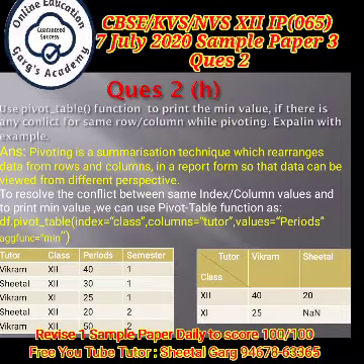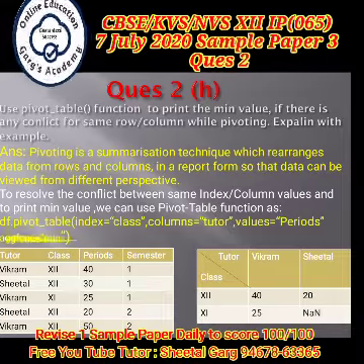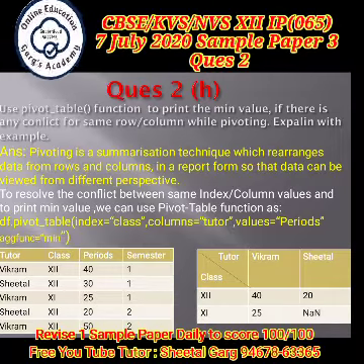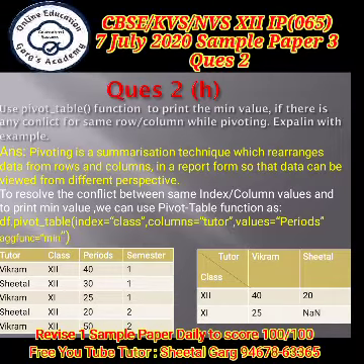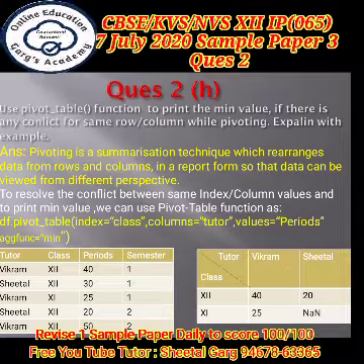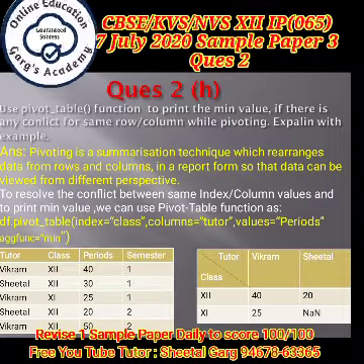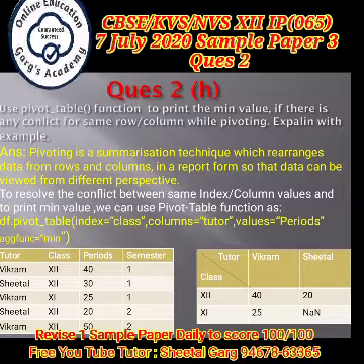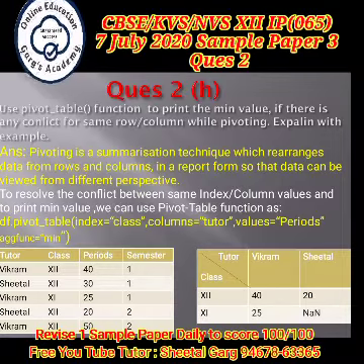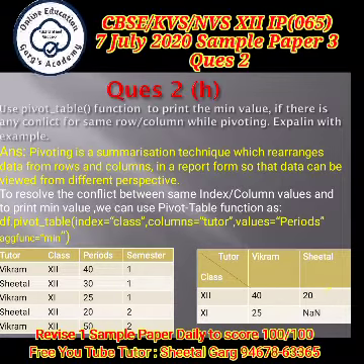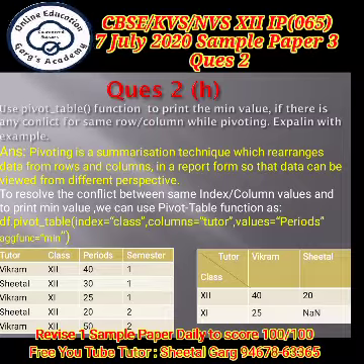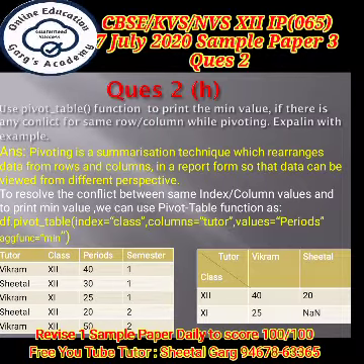So how will you print it? You will have to give an additional argument, aggfunc equal to min. So in this case it will print 40. Similarly for Sheetal, if she is taking a +2 class for 30 periods and again a +2 class for 20 periods in semester 2, the minimum is 20, so 20 will be printed here, and you have to write this aggregate function for this purpose.